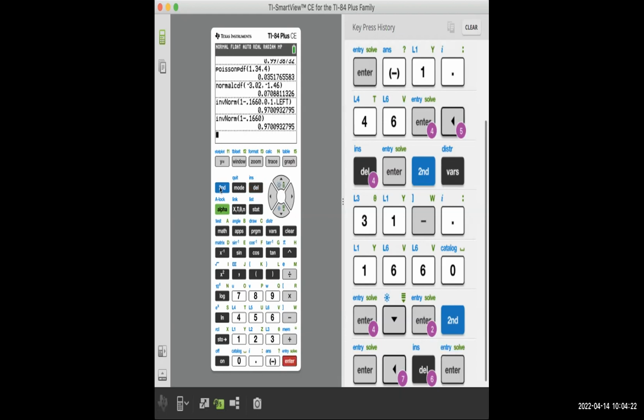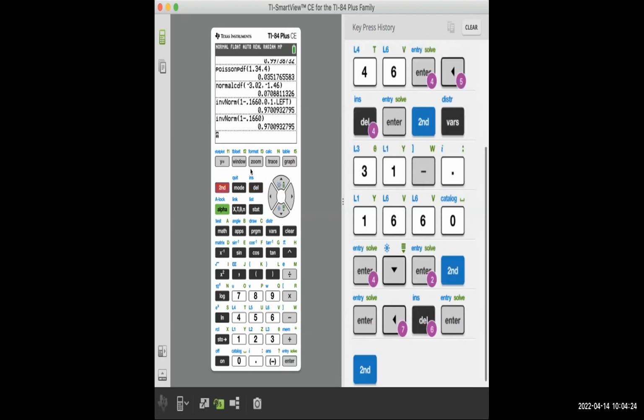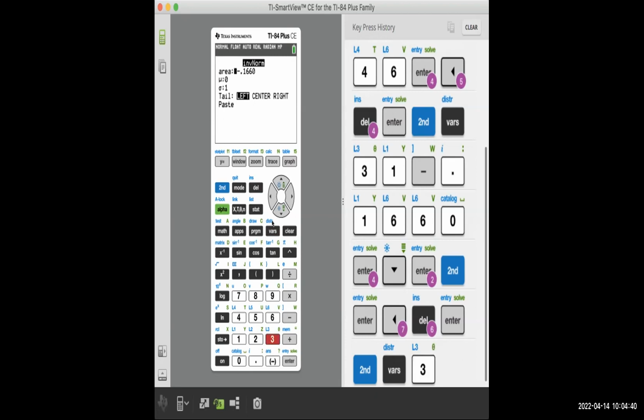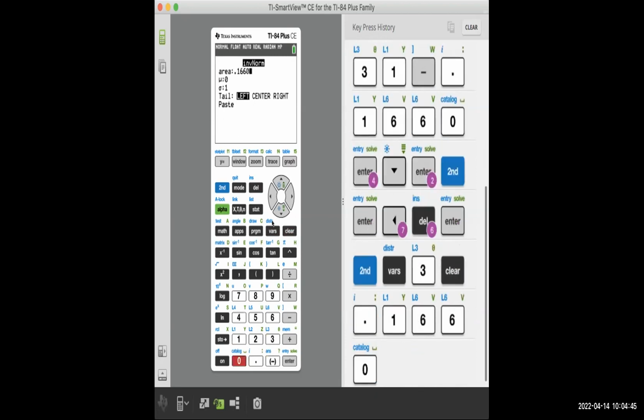So the inverse norm of 1 minus 0.1160 is a command that could be used on the TI-83. I could also do the inverse norm of 0.1160 with the right tail, and these will all be the same.